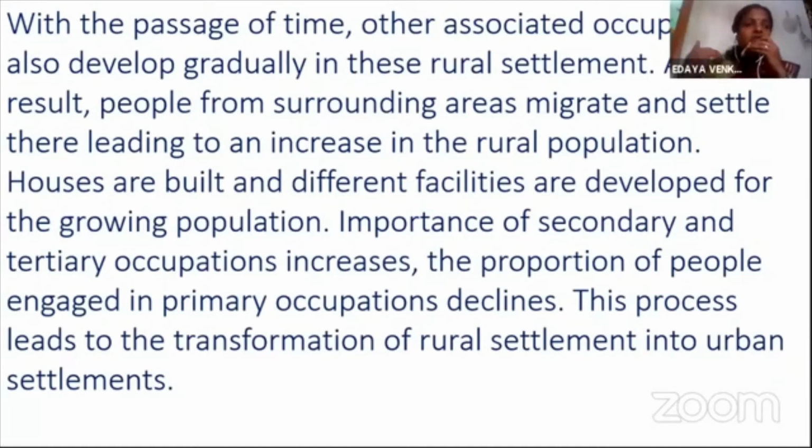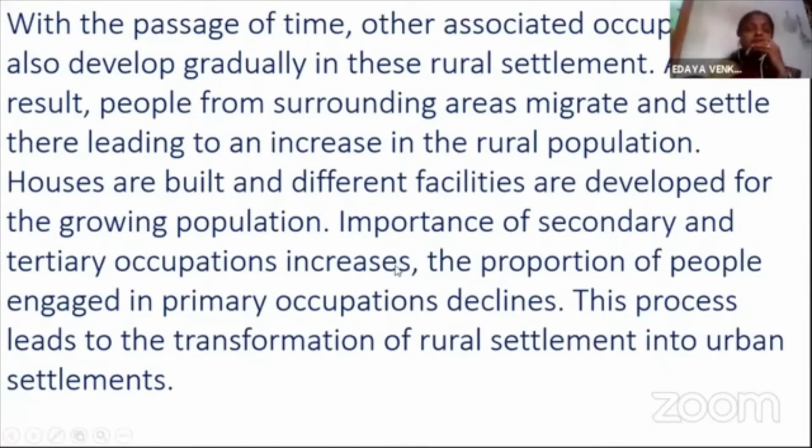So slowly, gradually, with the passage of time, as the population increases, rural settlements also develop. As a result, people from the surrounding areas migrate and settle there, leading to an increase in the rural population. Houses are built and different facilities are developed. When the population of the rural settlement increases, the facilities are also developed for the growing population. Importance of secondary and tertiary occupation increases.